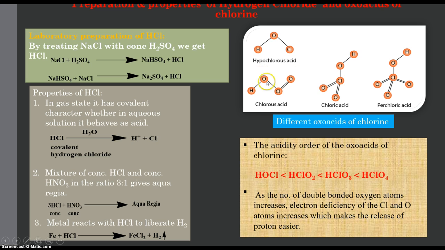So as the electron deficiency on the oxygen atom increases, the hydrogen atom will break this OH bond in this way and escape from the compound. The tendency for the hydrogens to escape from these compounds increases from left to right, because oxygen is getting more and more electron deficient, right?